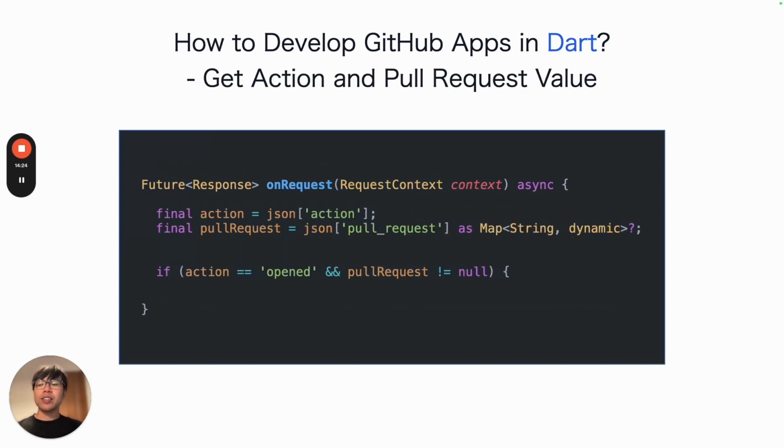Let's take the action and pull request data from the GitHub payload JSON. Action tells us what action has been taken at GitHub. In this code, when the PR is opened, Code Sensei sends a review request to Gemini. So this is how it is implemented.